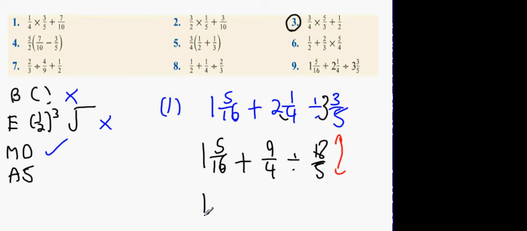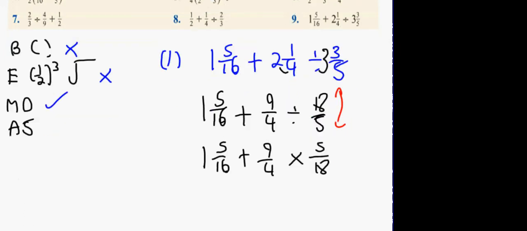So you're going to have 1 and 5 over 16 plus 9 over 4 multiplied by 5 over 18. Now, what can you say about the 9 and the 18? You can cancel. 9 into 9 goes once, 9 into 18 goes twice. So 1 multiplied by 5 is 5 over 8.